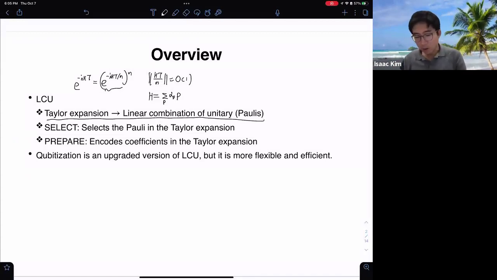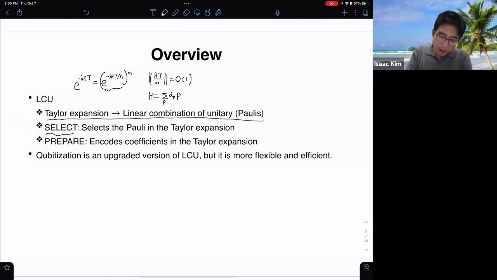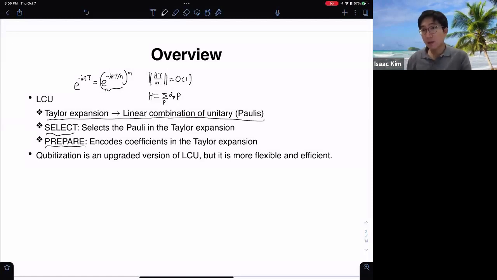Then we showed that we can use two subroutines, one called select and the other called prepare, which selects the Pauli in the Taylor expansion and encodes the coefficients. With this, we could implement e to the minus iHt divided by n with some constant failure probability. But that is okay because even if it fails with some probability, we can boost the probability to 1. That's basically how LCU worked.